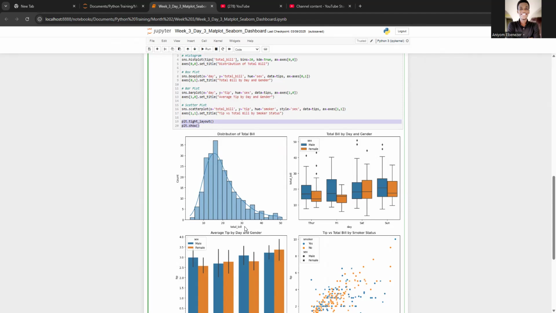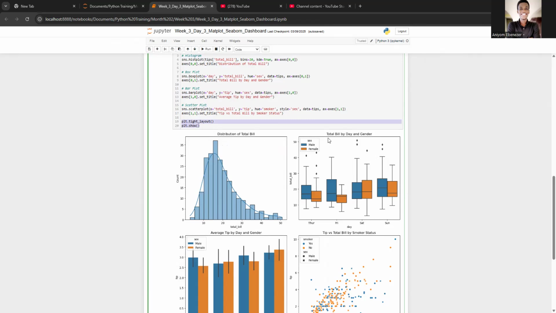The highest bill was around, if this guy should be 10, 11, let's say this guy should be around 15, 16, or 15, 18. Between 15 to 18, we had the highest frequency. People bought for that much around that area.